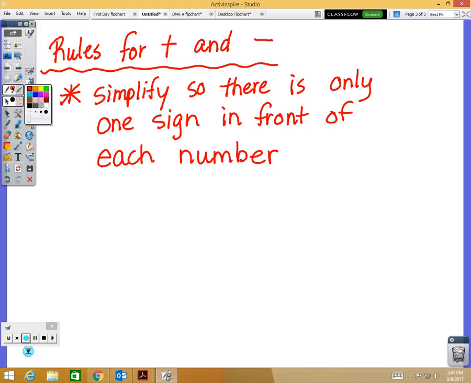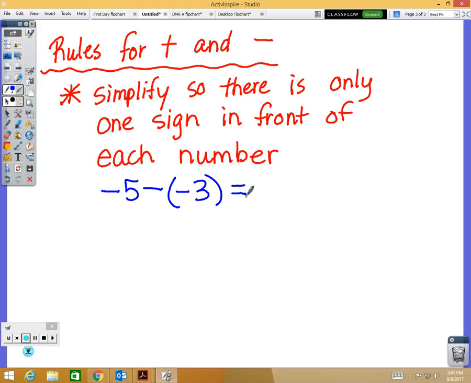Like if we had something like negative 5 minus a negative 3. Before I thought about do they have the same sign or different signs, I want to simplify this so I don't have minus a negative 3. We just said that if we have a minus a negative, that turns into a positive.